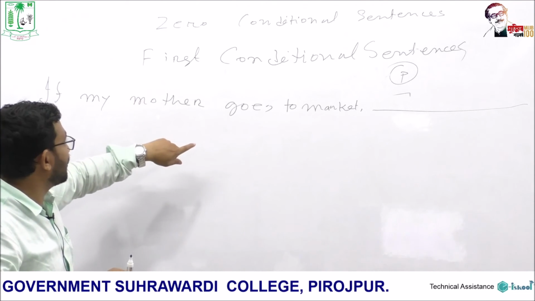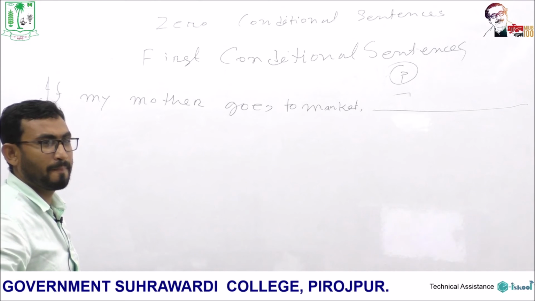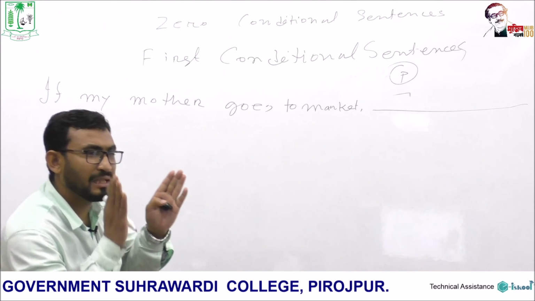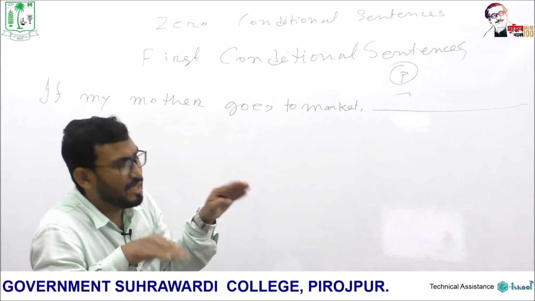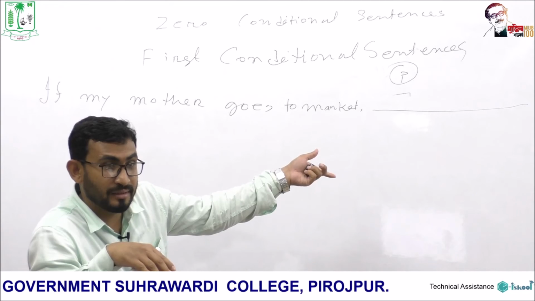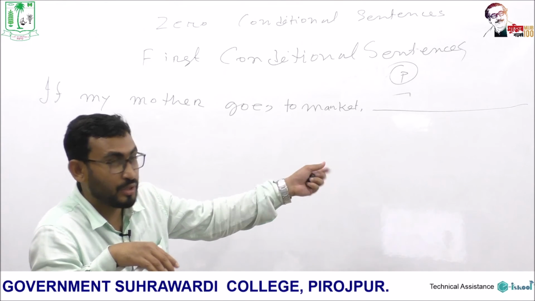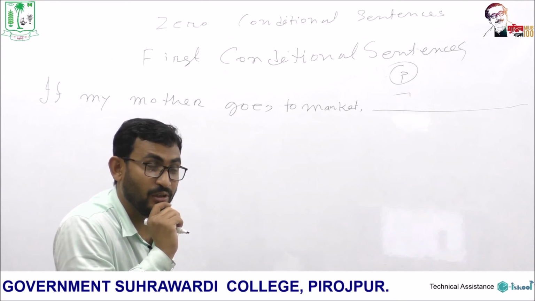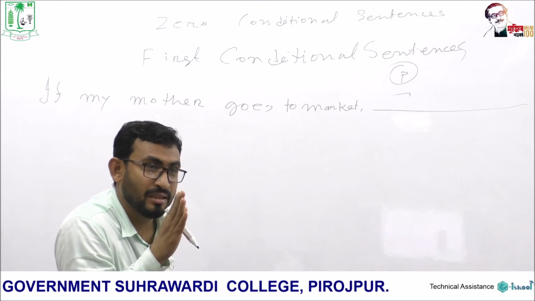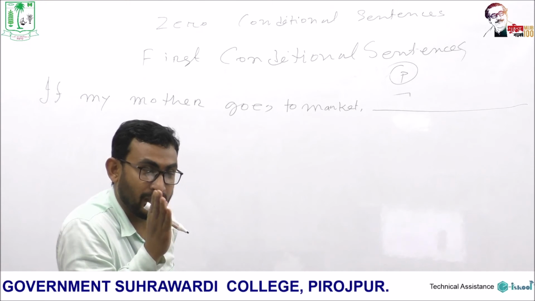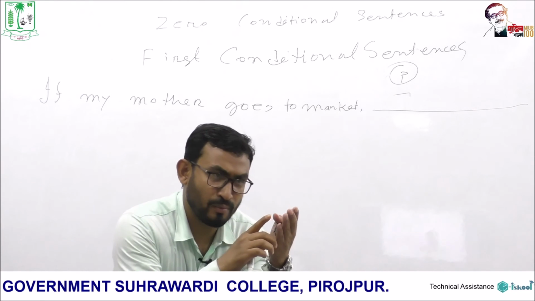If my mother goes to market, it is written in present tense. So you have to understand that if you want to complete the sentence, the principal clause that you are going to write should be written in future form or future probable, that we call. That is, you have to use subject, then will or may or can. That is, you have four options.